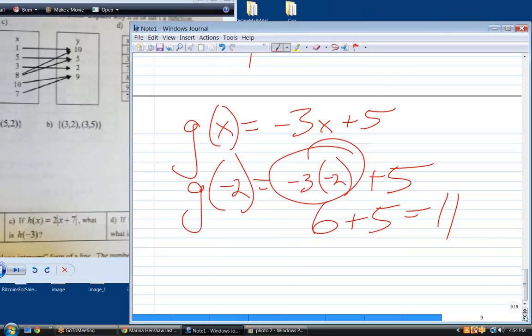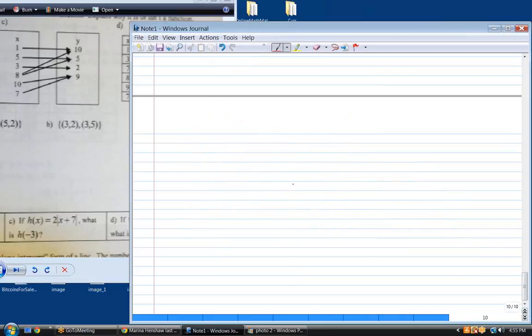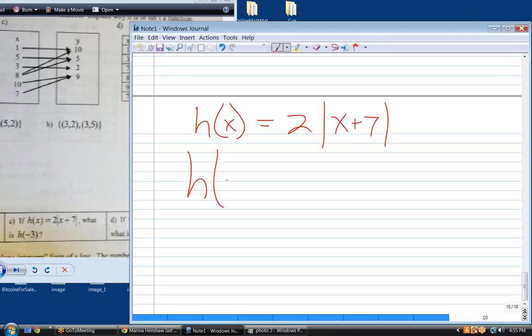You know absolute value. You know what that means, right? 2 bars. This next one is that. What is h of minus 3? 2 absolute value, negative 3 plus 7.